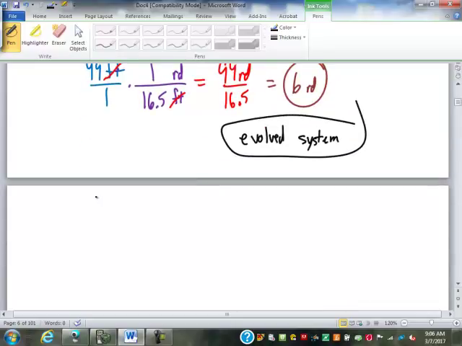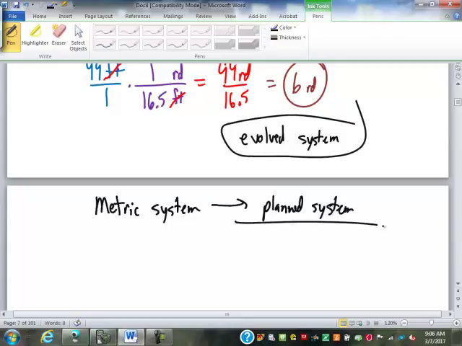The metric system is what we call a planned system. It was actually developed in the 1880s, 1890s, so it's about 130 years old right now. And we'd been using the standard system for literally thousands of years.